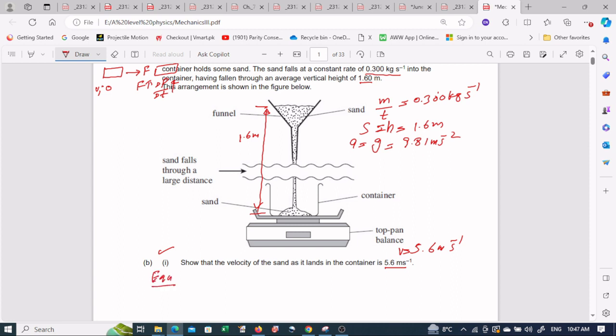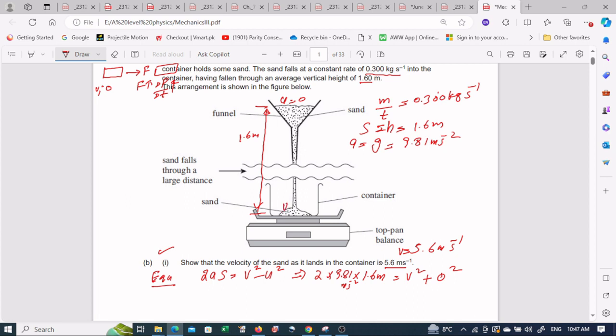The equation of motion is 2as = v squared minus u squared. So we put in the values: 2 into acceleration 9.81 into s, which is 1.6 meters. The initial velocity u must be equal to 0, because when the sand starts, its initial velocity is 0.